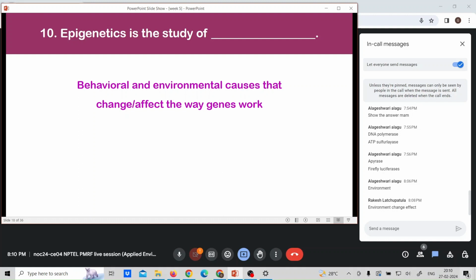Turning off genes means, we have studied the central dogma, where from DNA we get the RNA, and from that we get the protein through the transcription and translation process. So when we have a very active gene that encodes for a protein, this DNA to mRNA conversion, and mRNA to protein conversion, happens naturally.